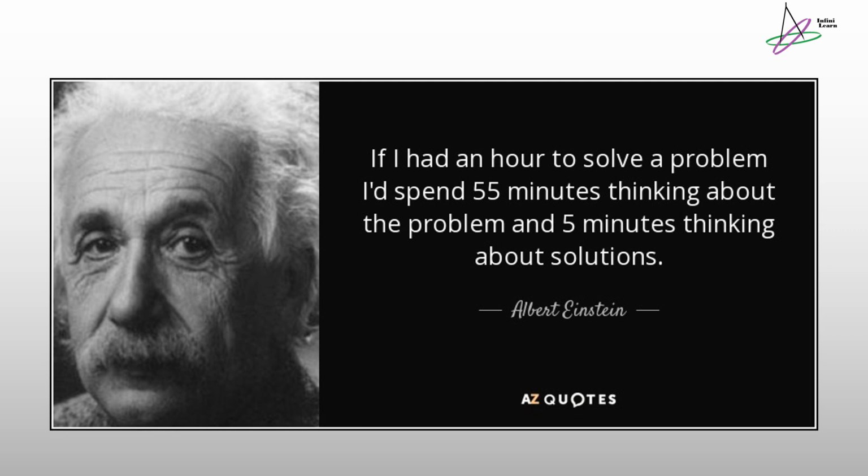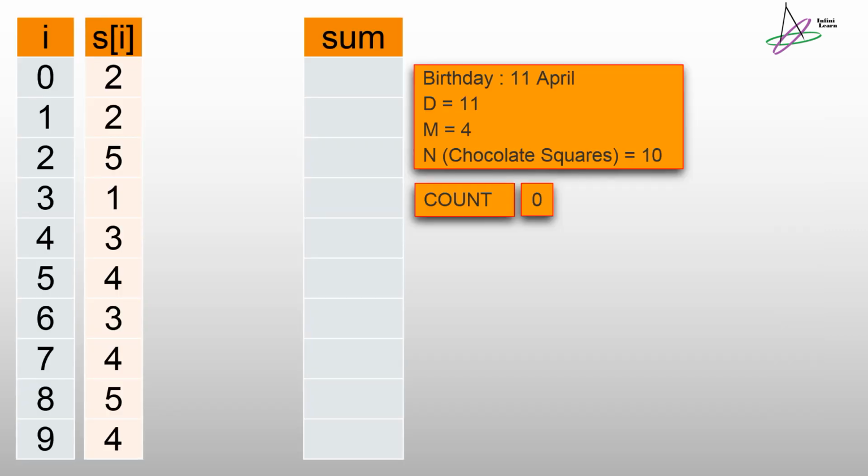To understand the problem, let's use the advice from Albert Einstein, who says that if he had an hour to solve a problem, he'd spend 55 minutes thinking about the problem. So let's go back to the problem. In this example we have a chocolate bar having 10 different squares numbered 0 to 9, and each square has a number written on it ranging from 1 to 5.